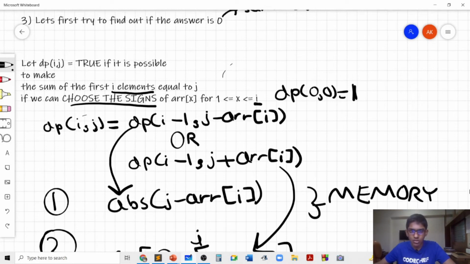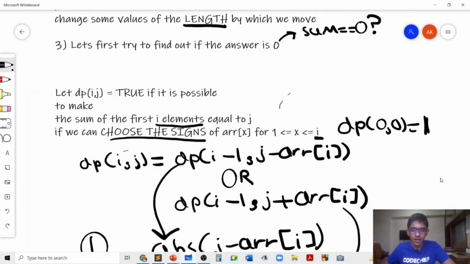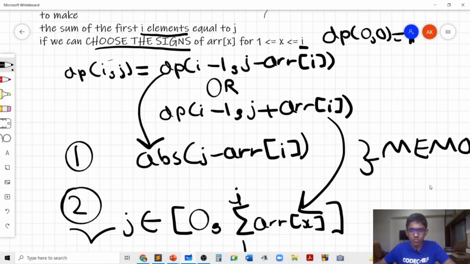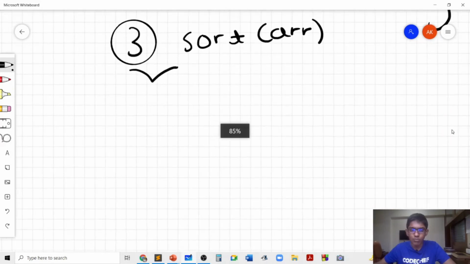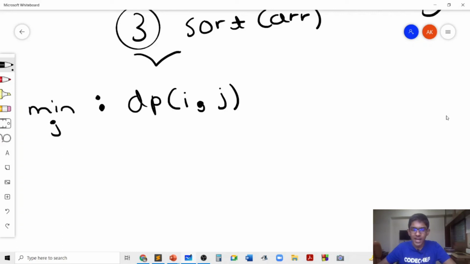So anyways, going back to the problem statement, what we have realized is that we can compute the Boolean value: is the answer 0. Now, how does that help us? At first glance, it may not seem to help us that much, but if you look more closely, then you'll realize that the min j such that dp[i][j] is true is the answer.